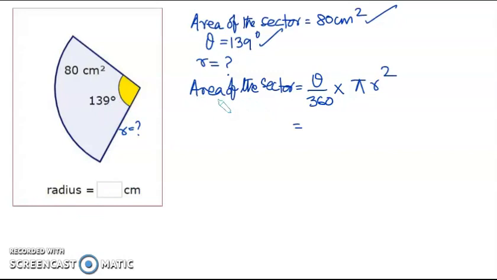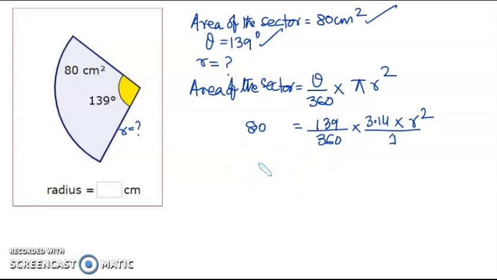So for area of sector, our formula is theta by 360 times pi r square, and in this case area of sector we have 80, so we can write 80 here, and theta is given 139, so we will write 139 by 360 times pi. For pi, we can write the value 3.14, and r we have to find, so you can write 1 here.